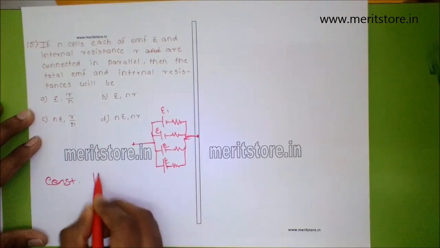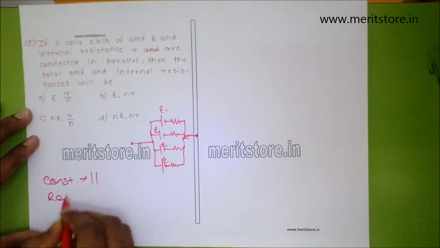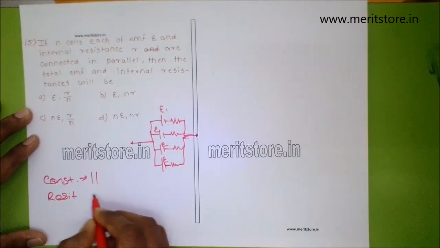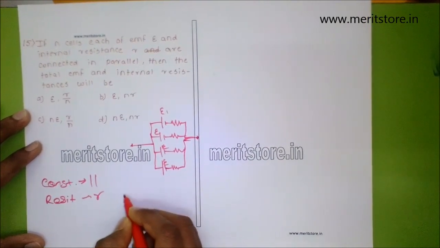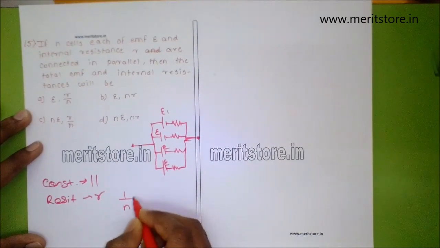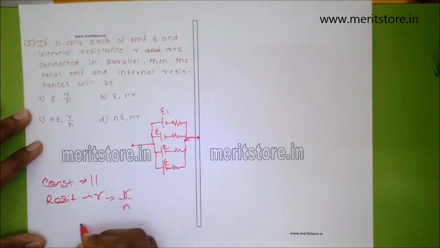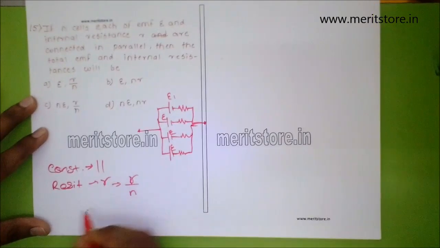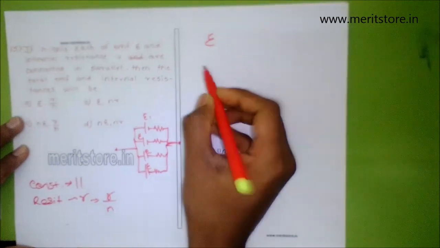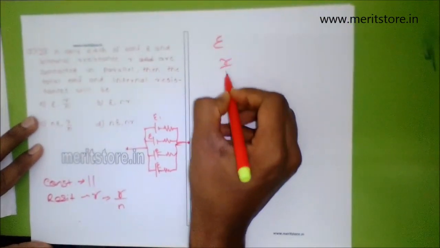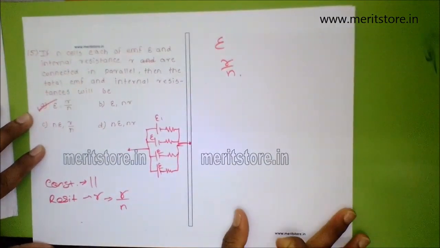Whereas for resistances, if equal resistances are connected in parallel n number of times, the equivalent resistance becomes 1/n times the initial resistance. Hence, from this we conclude that the effective EMF would be epsilon and the effective resistance would be R by n. This is similar to option A, hence option A is the correct answer.